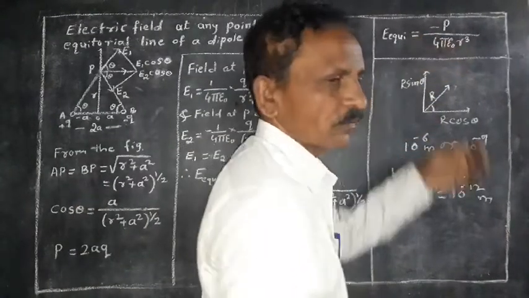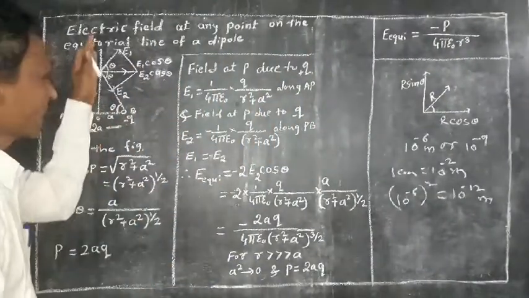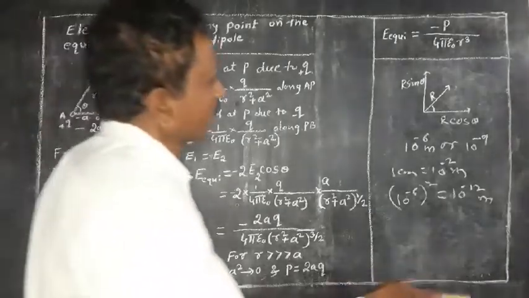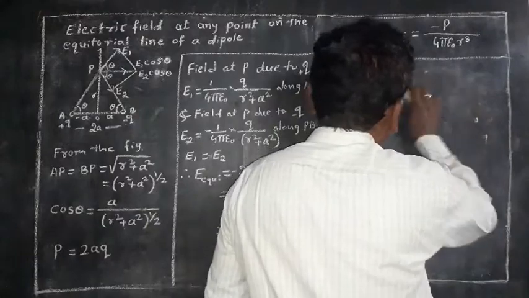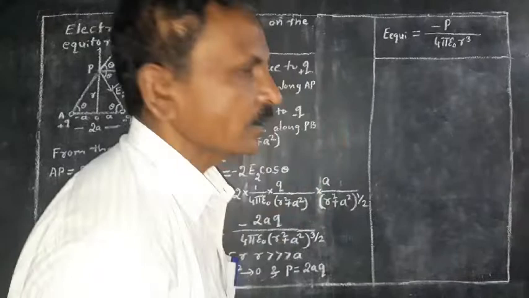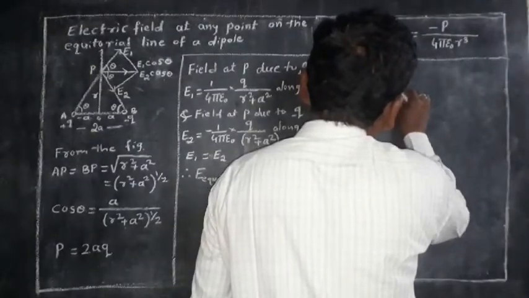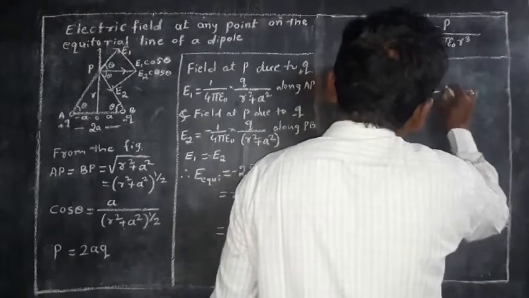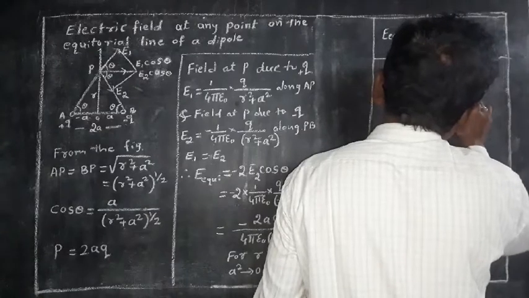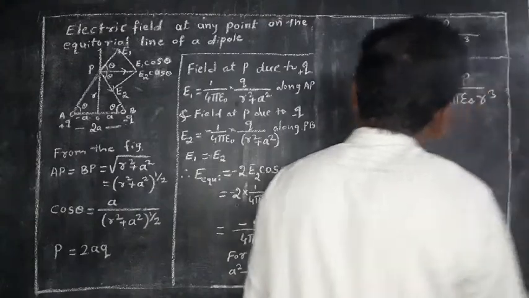It is the expression for electric field at any point on the bisector of a dipole, or on the equatorial line of a dipole. Therefore, electric field at any point on the axial line of a dipole is E axial equal to 2p upon 4 pi epsilon naught into R cube.